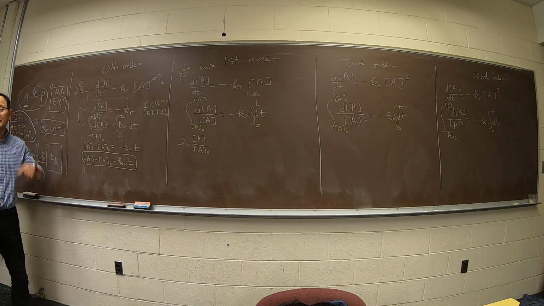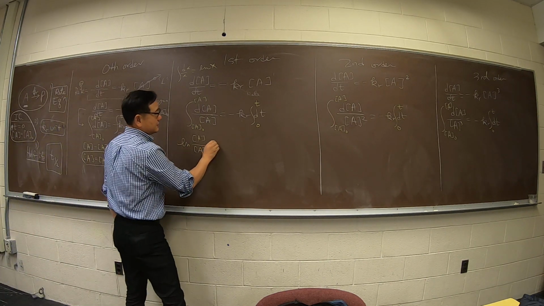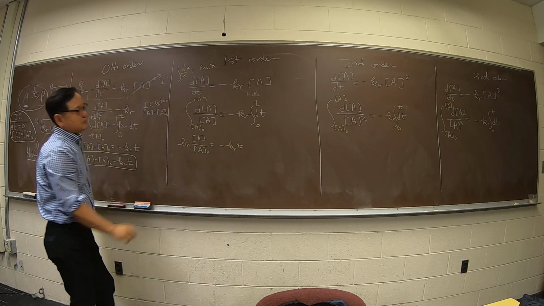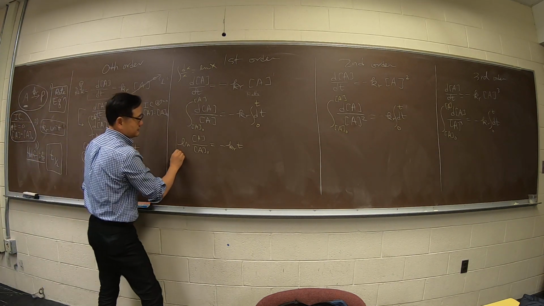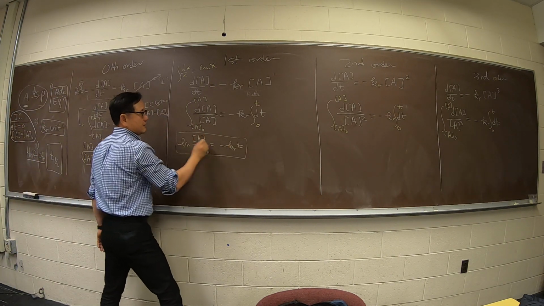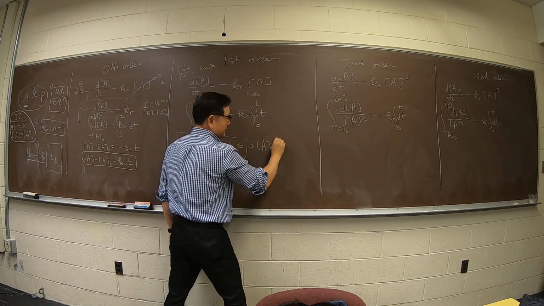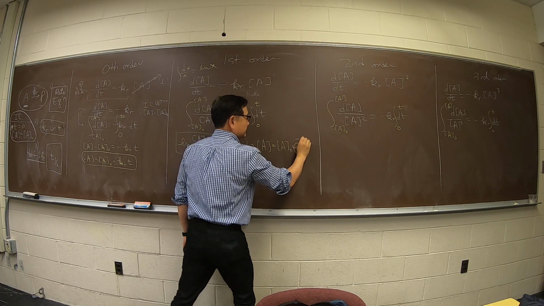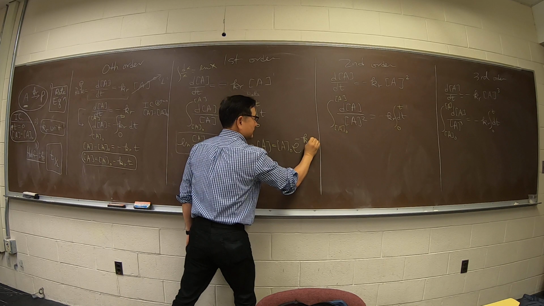The difference in natural log form, which is a ratio of these two concentrations, is minus KR t. Probably this is the most famous equation, because when you have this one, people write it as A equals A naught e to the minus KR t.